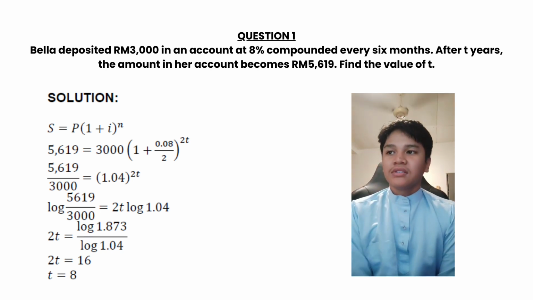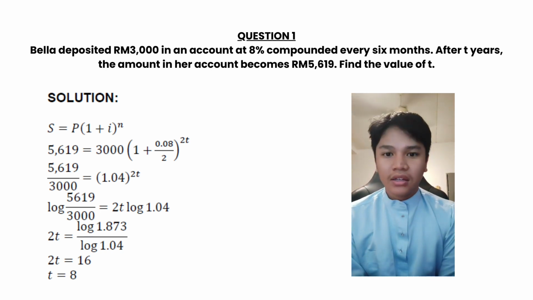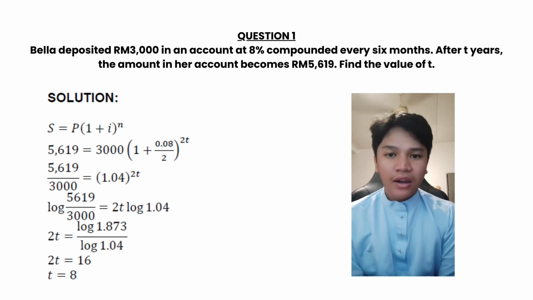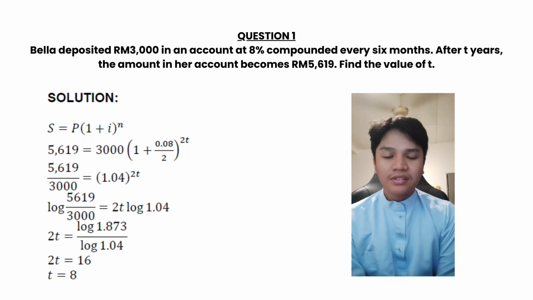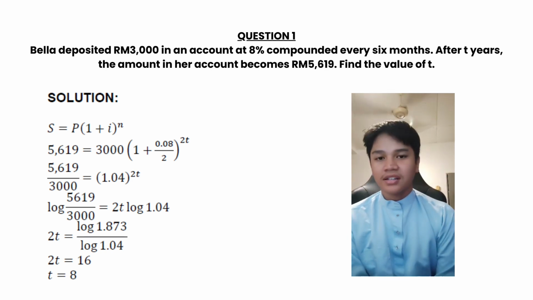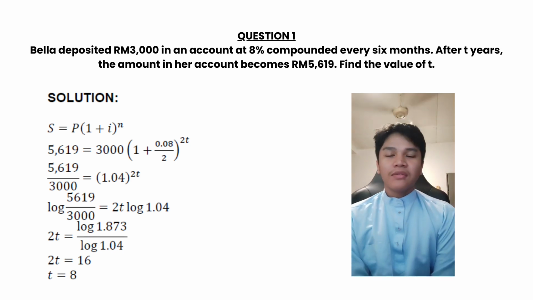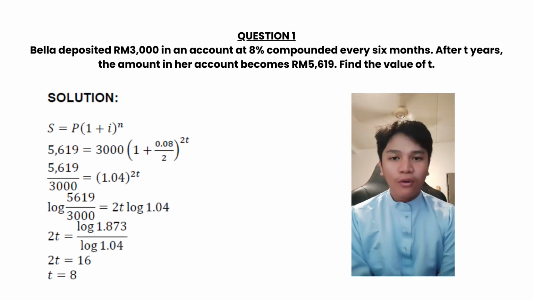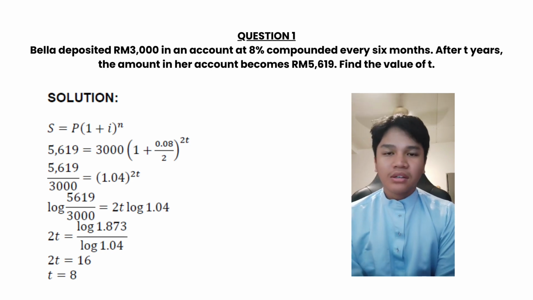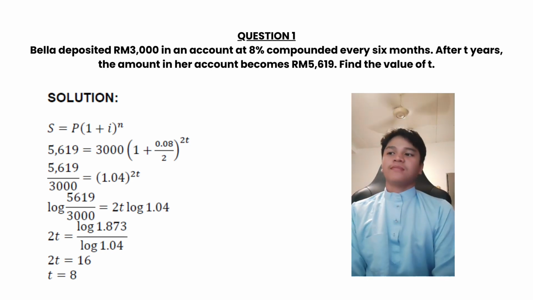So let's define t. First you have to use the formula I told you to use, and then you will have 5,619 equals 3,000 in bracket 1 plus 0.08 over 2 close bracket to the power of 2t. The next step is you have to bring 3,000 over to the other side, so it becomes 5,619 over 3,000 equals 1.04 in bracket to the power of 2t.